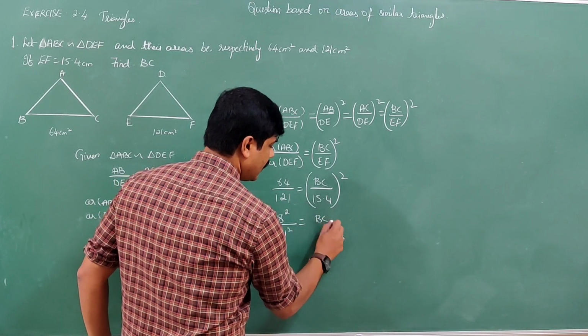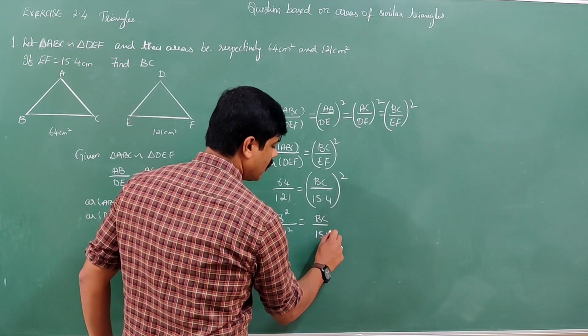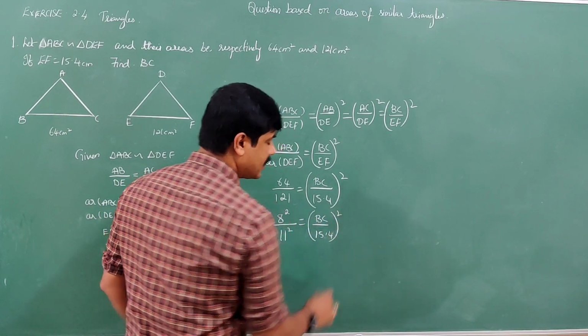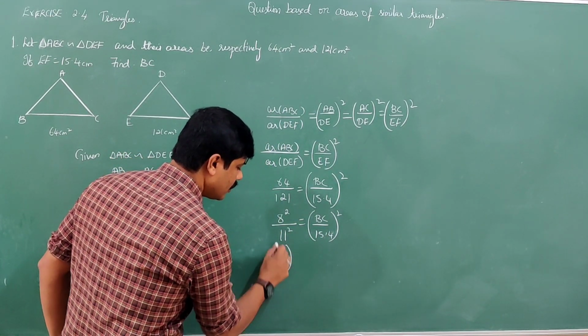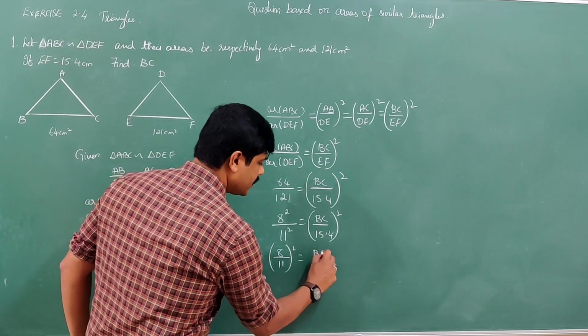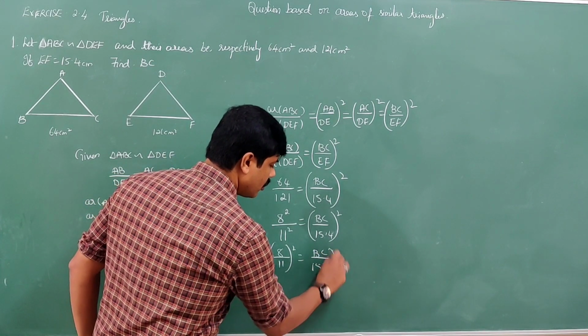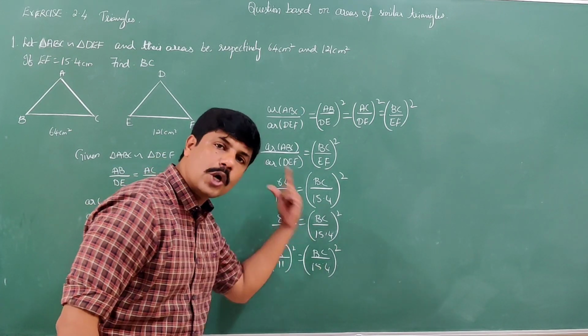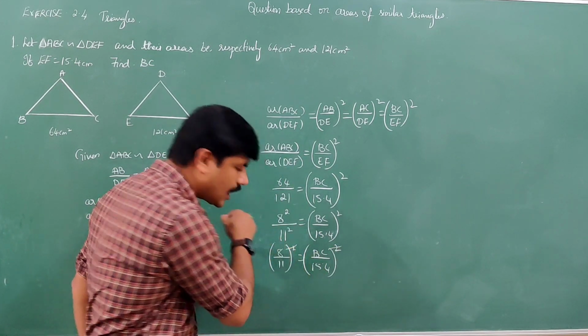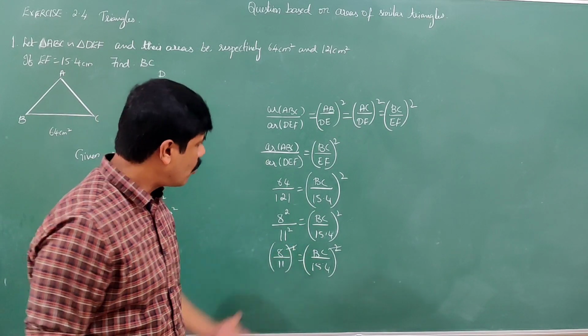Is equal to BC by 15.4 whole square. So 8 by 11 whole square is equal to BC by 15.4 whole square. LHS whole square is there, RHS whole square is there, so square cancelled. What is remaining?